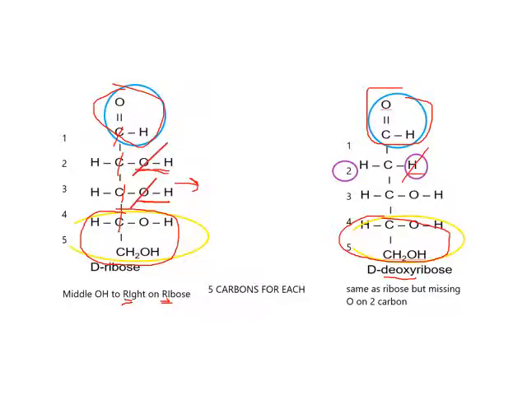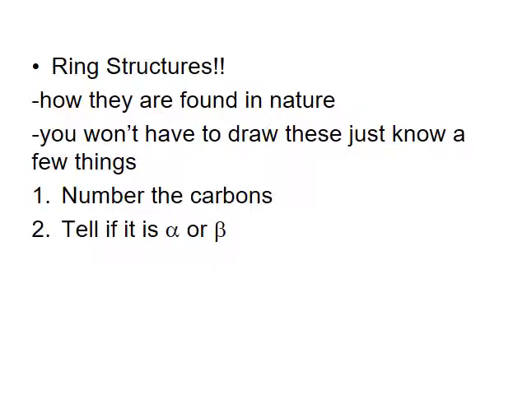So here it is, right here. So that's it. 5 carbons, bottom, top, middles to the right, and the difference is the second carbon. There you go. That's what you have to do. Now it turns out that those structures here are called linear structures.